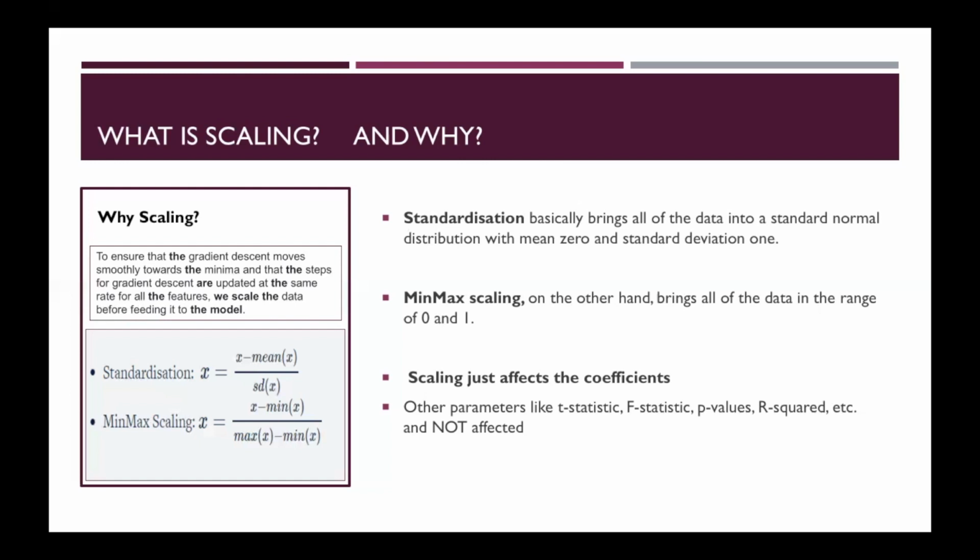From the formula, for standardization we first subtract the mean of x from x, and then divide by the standard deviation of x. For min-max scaling, we first subtract the minimum value from x, and then divide by the difference between the maximum and the minimum value. In this way, we are trying to bring all the data to a common scale.